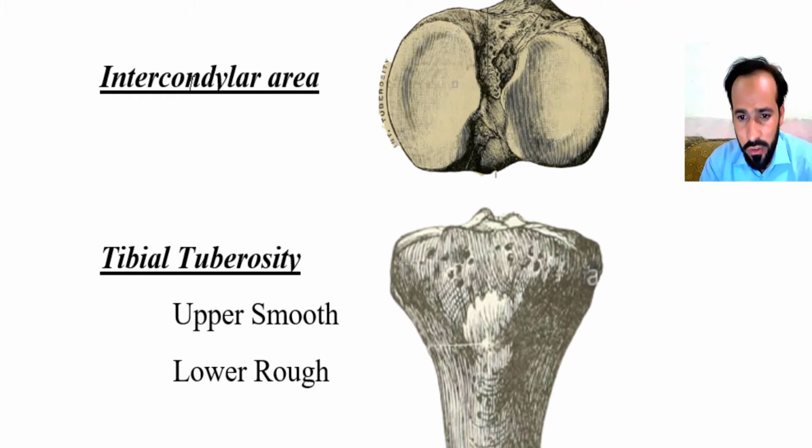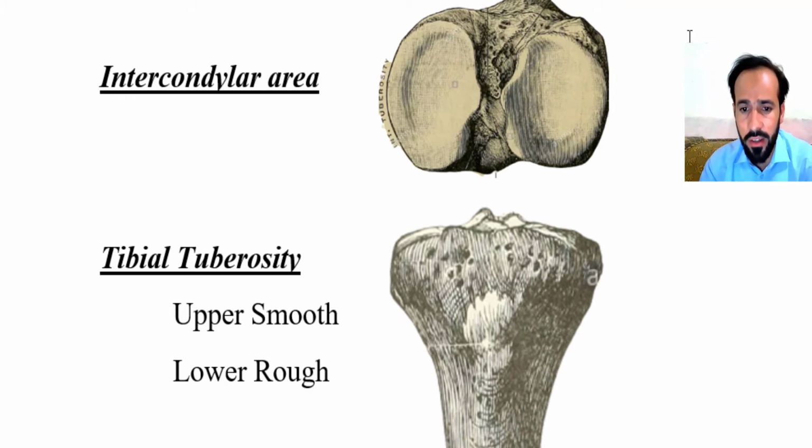the two condyles, look carefully my friends, if you follow the pointer of my mouse, this is the medial condyle and this is the lateral condyle, and you can see in between these two condyles this is the intercondylar area. Why should we know this? Because there are some important external features, and we will see them right now in the next pictures, right?